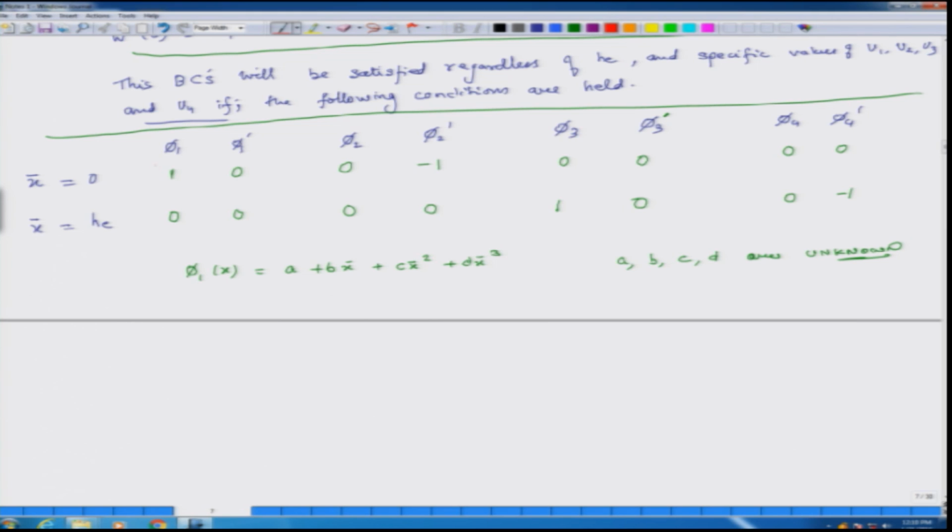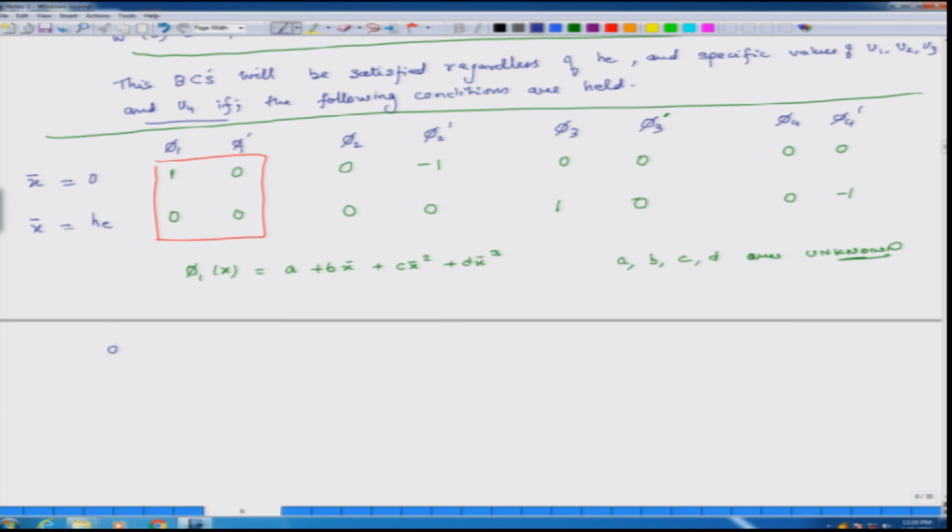So, to find A, B, C, D, we use these conditions related to phi 1. We get 4 equations and 4 unknowns. So, we will write down those equations quickly.